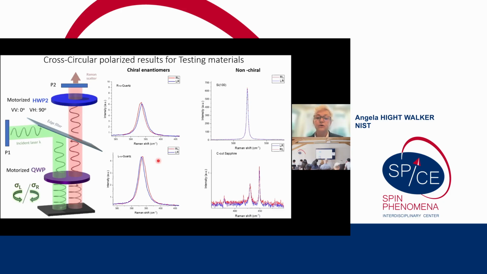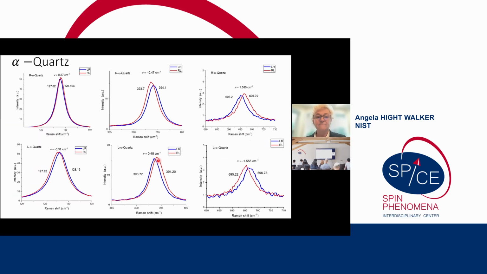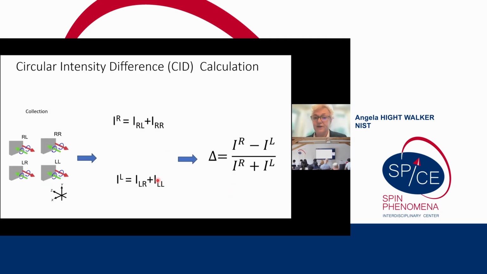And so using quartz can give one better error, the better certainty for that value. I just wanted to show these are the various E phonons within the quartz, and you'll notice here you can get quite discernible values.